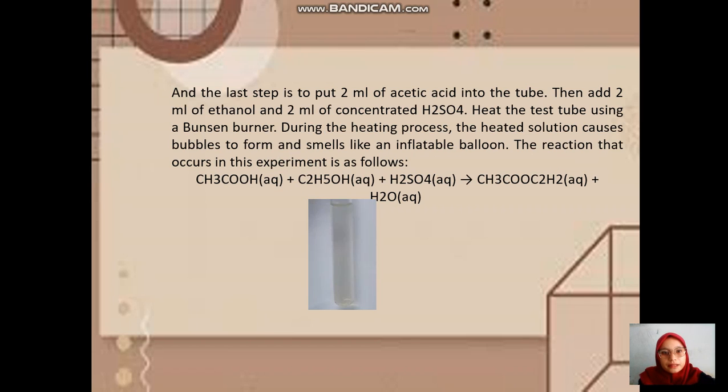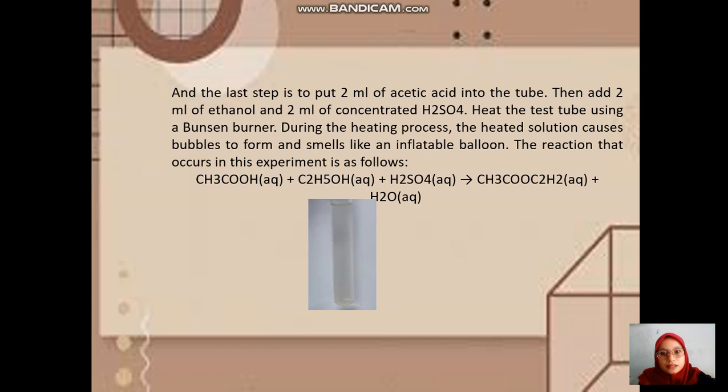And the last step is to put 2 ml of acetic acid into the tube, then add 2 ml of ethanol and 2 ml of concentrated H2SO4. Heat the test tube using a Bunsen burner.